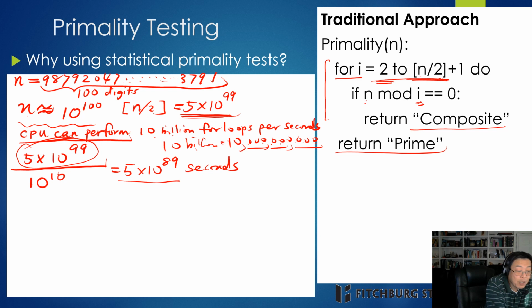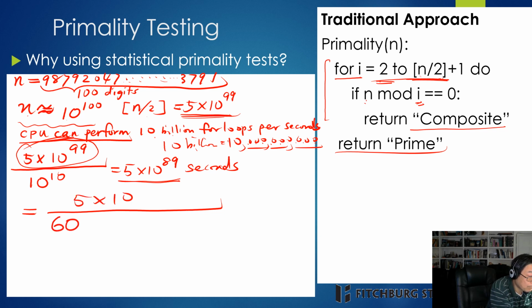Now let's convert this into years, okay? To convert 5 times 10 to the 89 seconds into years, I need to divide these seconds by 60. That gives you minutes, right? Then divide by 60 again, that gives you the number of hours.